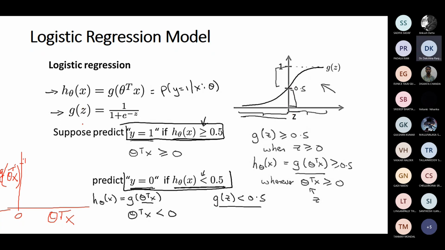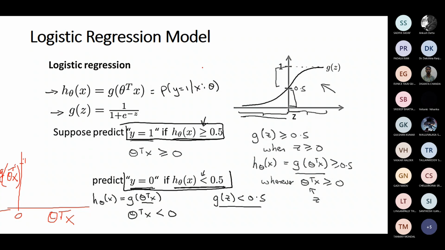That means the value of this hypothesis will lie between 0 and 1. The maximum value is 1 and the minimum value is 0, and in this range the hypothesis value will be estimated.